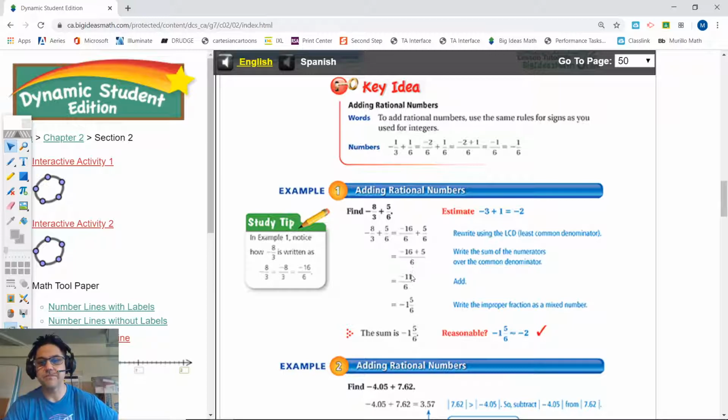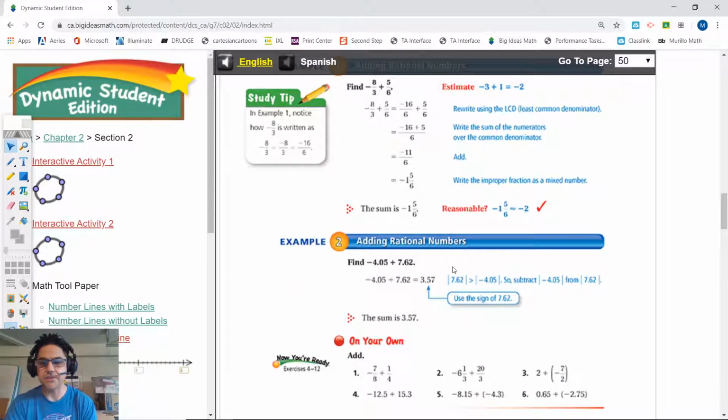So 16 subtract 5 is 11. Take the negative sign. Remember, we do ask you to possibly reduce. There are some problems that you will have to reduce your fraction. And then being able to practice that good skill of writing it as an improper fraction or changing your improper fraction to a mixed number as it is here. Negative 1 and 5 over 6, because 6 times 1 is 6, plus 5 is 11, and it has a negative sign.